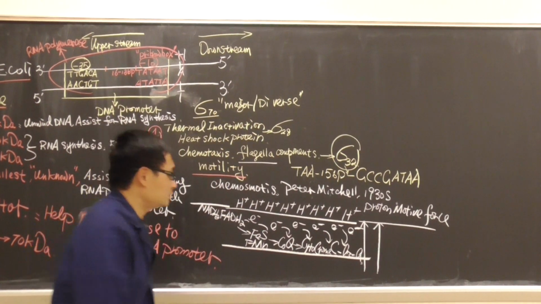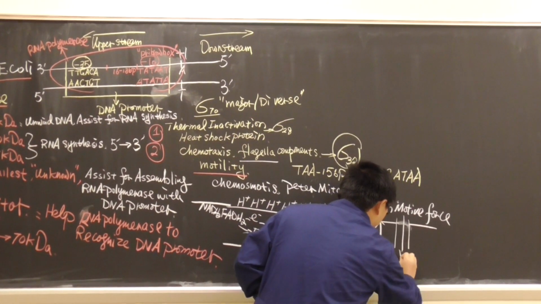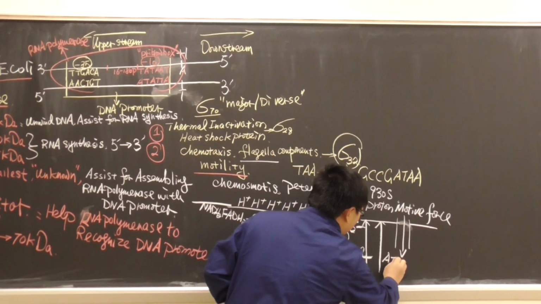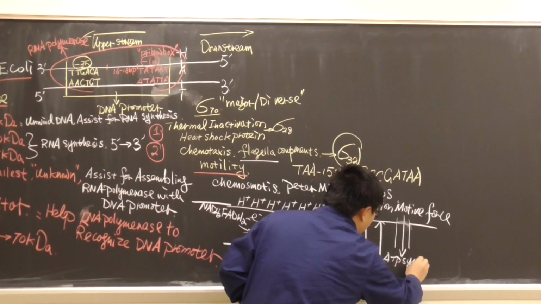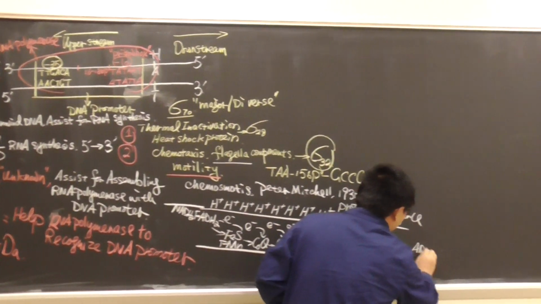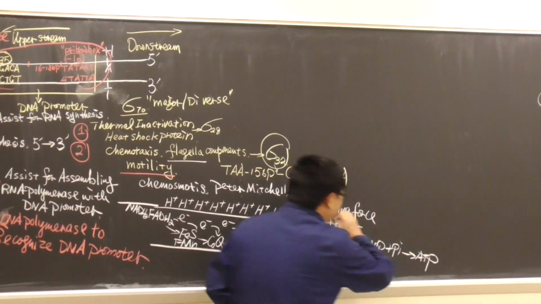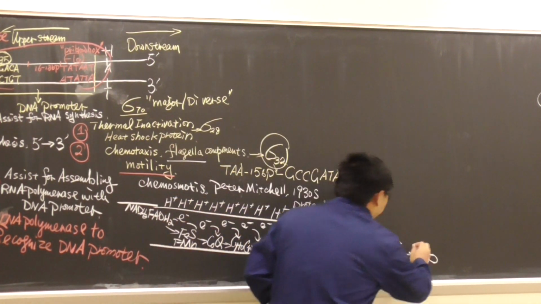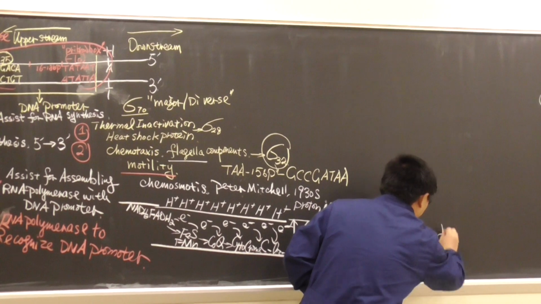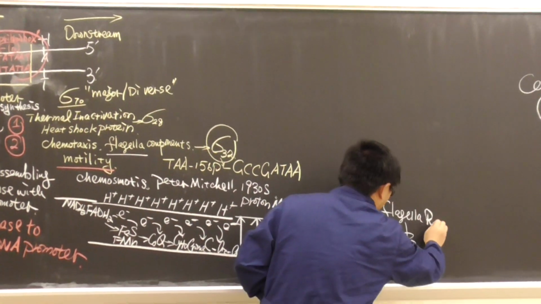When this proton motive force, they will dig a hole here, go inside, trigger ATP synthesis. Now what's going to happen? ADP with phosphate becomes ATP. At the same time, if bacteria has a flagella, it's going to trigger flagellar rotation.